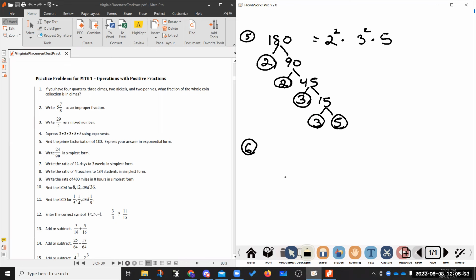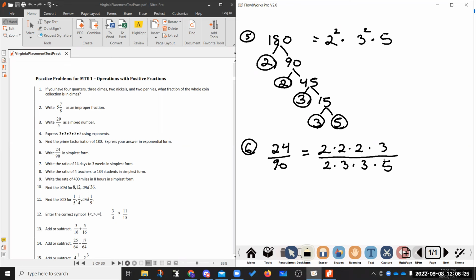Number 6 asks us to write 24 over 90 in simplest form. So I'm going to think of the prime factorization of 24 and the prime factorization of 90. 24 is 2 times 2 times 2 times 3, and 90 is 2 times 3 times 3 times 5.